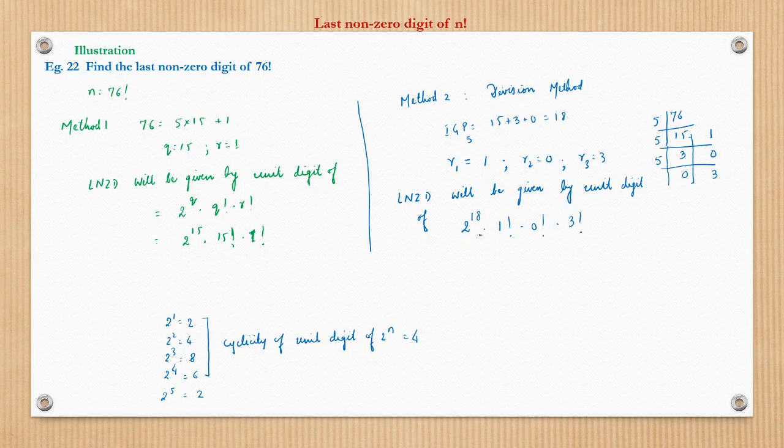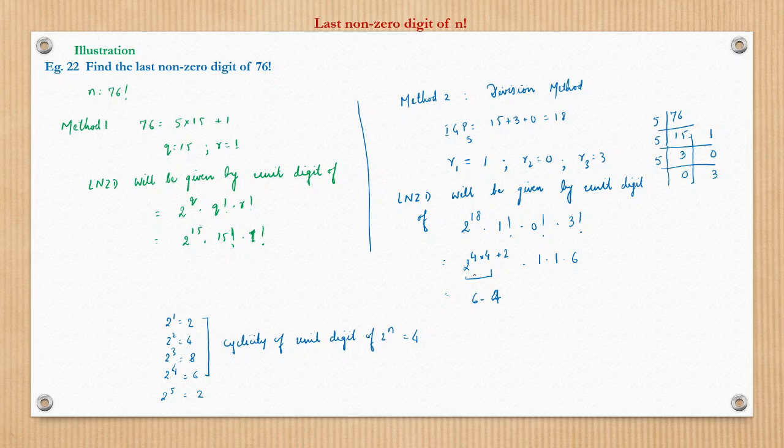So this we can write as 2 raised to power 4 into 4 plus 2, into 1 factorial is 1, 0 factorial is 1, 3 factorial is 6. This further, 2 raised to power 4 we know is 6, right? So this term will give 6. So what remains is 6 into 2 raised to power 2, which is 4.